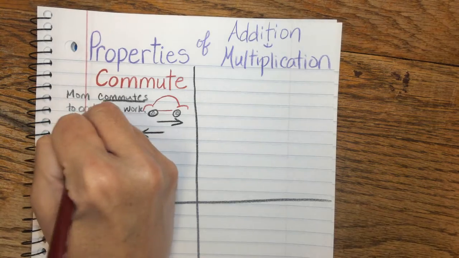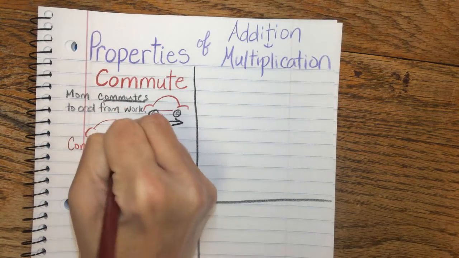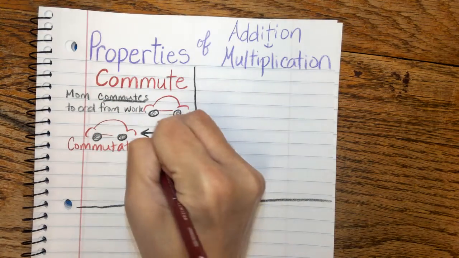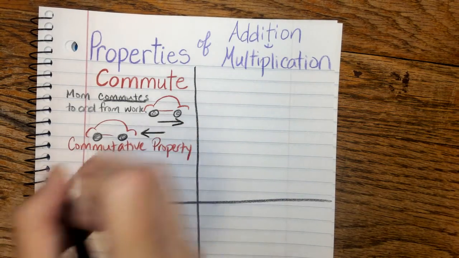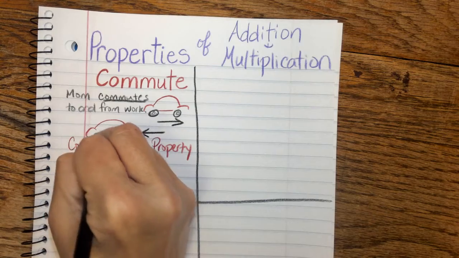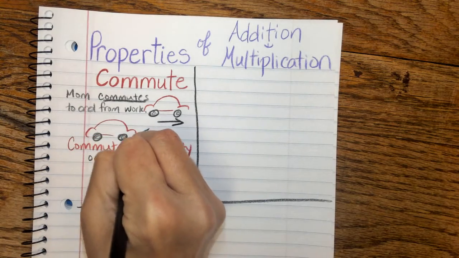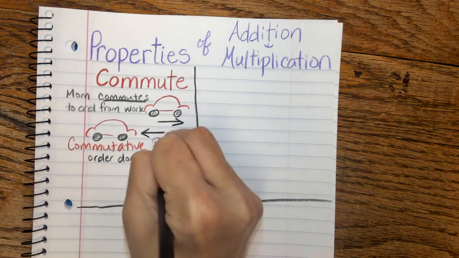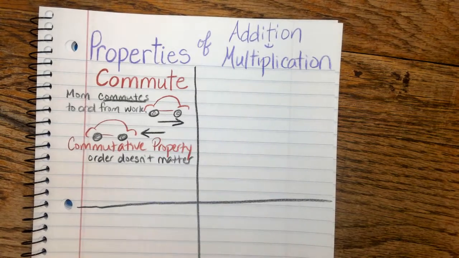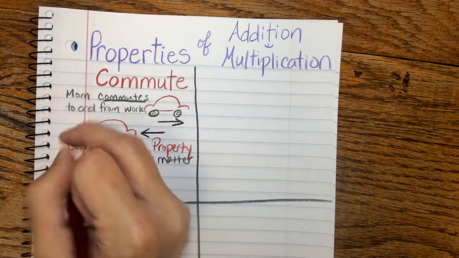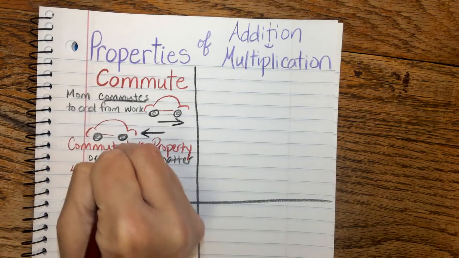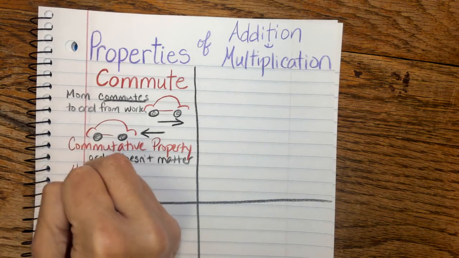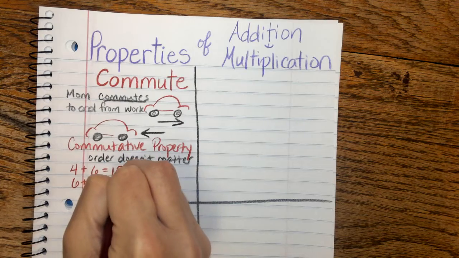Okay, so the commutative property says that order doesn't matter. Okay, order doesn't matter. And so that could look like 4 plus 6 equals 10, or 6 plus 4 equals 10.